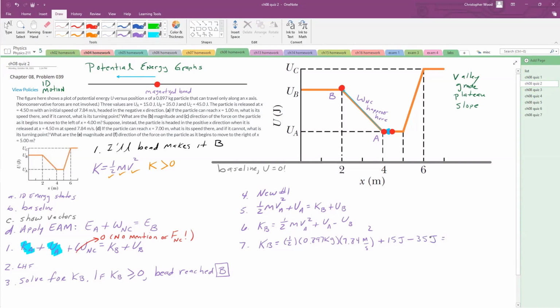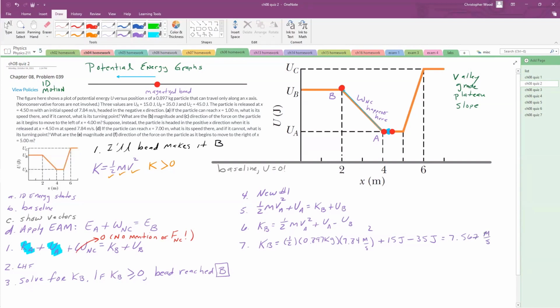Okay, so let's put that in the calculator. What is 0.5 times 0.897 times 7.84 squared plus 15 minus 35? 7.56. So you know what? My red bead made it, 7.567.